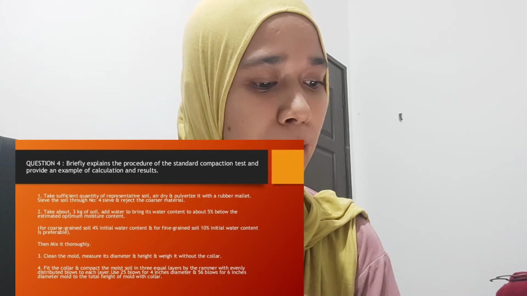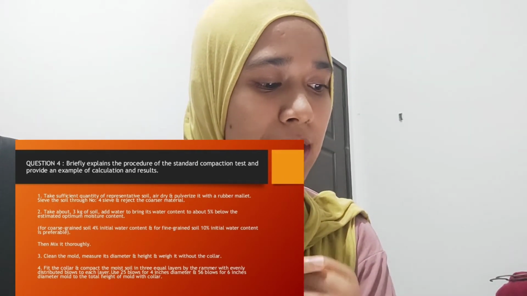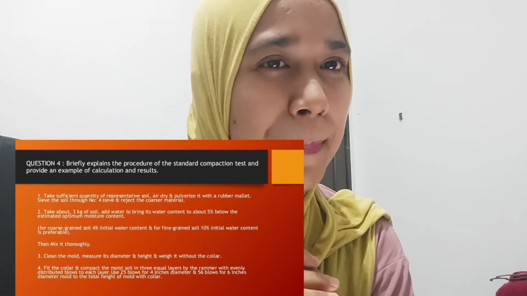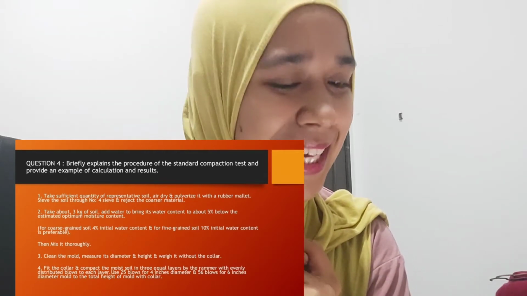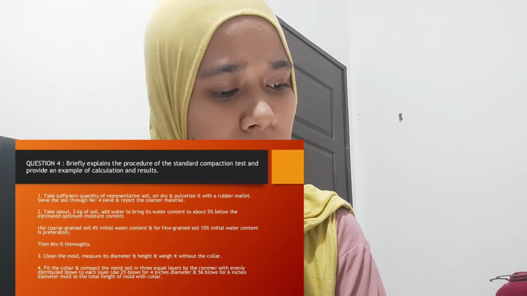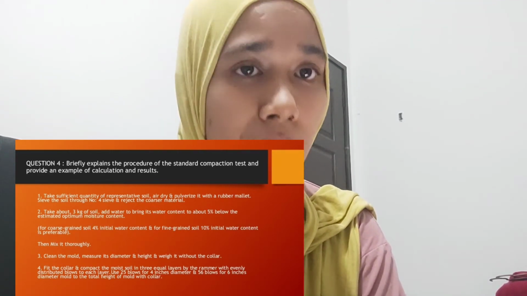Second, take about 3 kg of soil and add water to bring its water content to about 5% below the estimated optimum moisture content. Next, we clean the mold, measure its diameter and height, and weigh it without the collar.